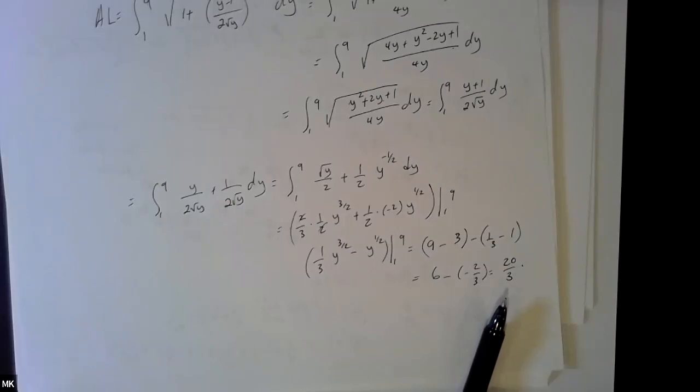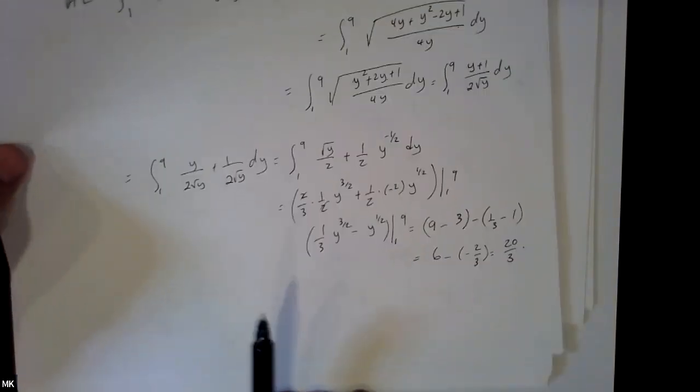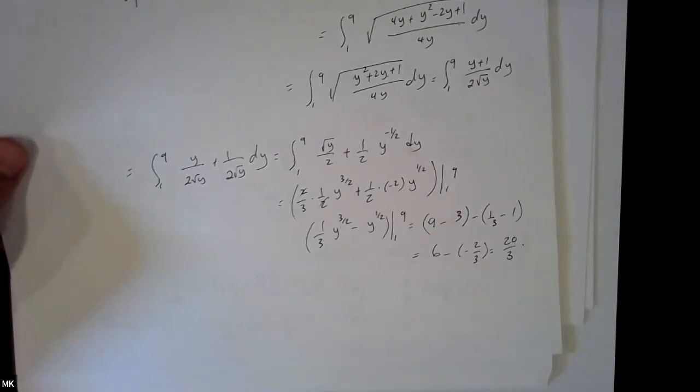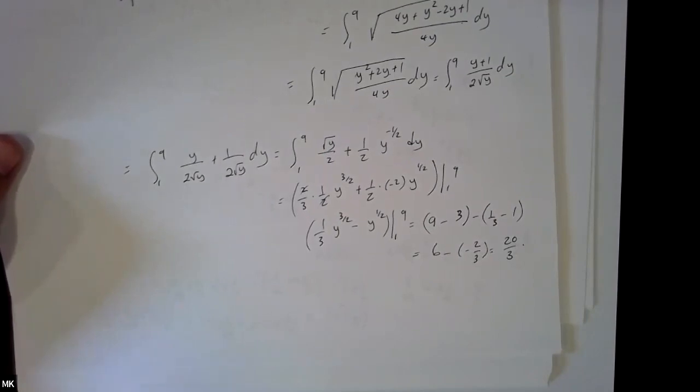It could be as simple as a mistake when you subtracted or in the calculation, or as serious as a conceptual error, or you set up the formula incorrectly, or you found the antiderivative wrong. Any of those. Okay.